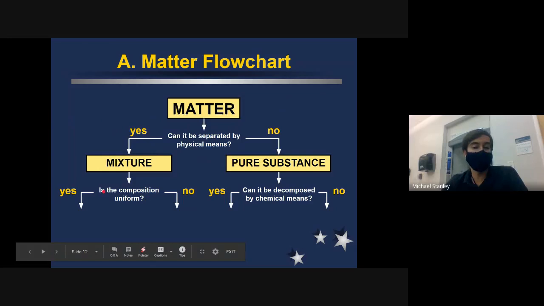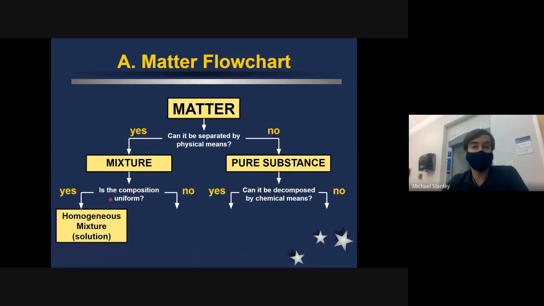So again, mixture is lots of different particles all combined, all mixed together. If the composition of our particles is uniform, meaning that it's all totally equal and even, so uniform means all the same, so if all our particles are the same distance apart from each other and they're all the same amounts, then we have a homogeneous mixture. Everything is equal and even and the same.